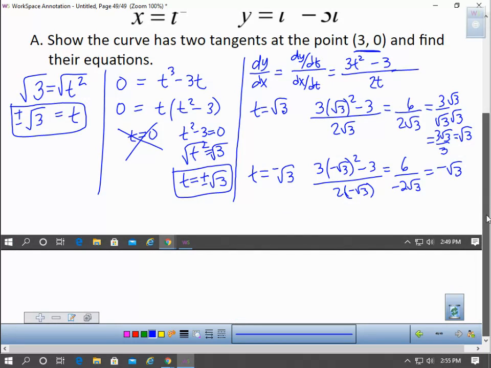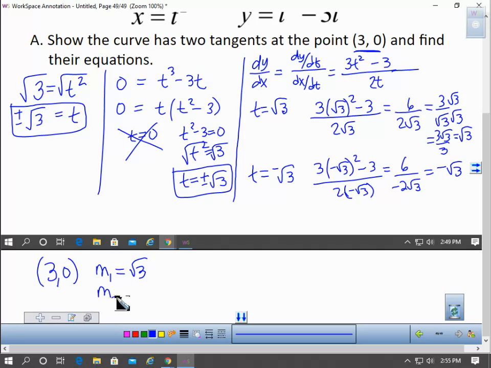So what are my two equations? So my point is 3, 0. And my two slopes, one of my slopes is radical 3. The other slope is negative radical 3. And that's kind of quirky that it turned out to be the same as your t-values.